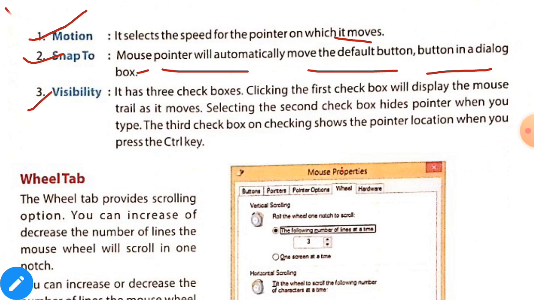Visibility has 3 check boxes. Clicking the first checkbox will display the mouse trail as it moves. Selecting the second checkbox hides the pointer when you type. The third checkbox, on checking, shows the pointer location when you press the Ctrl key.